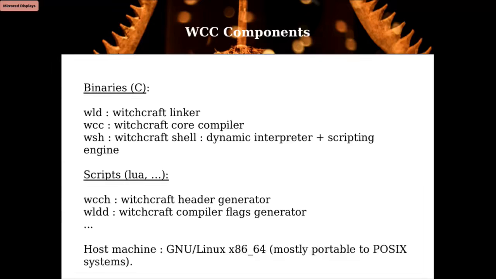The tool set is comprised of mostly 3 binaries. There's a linker, there's a core compiler, and there's a dynamic interpreter. I call them compilers, but they really take binaries as an input and not source code. Based on those binaries, I've built a number of utilities on top of them, which are mere Lua scripts based on those tools.